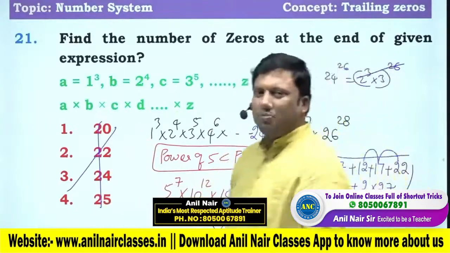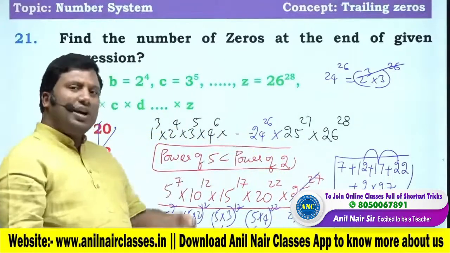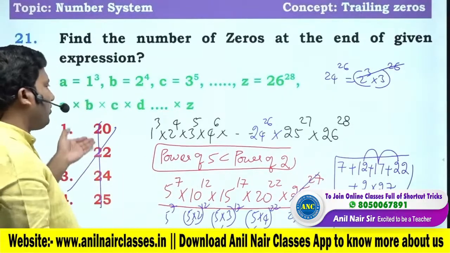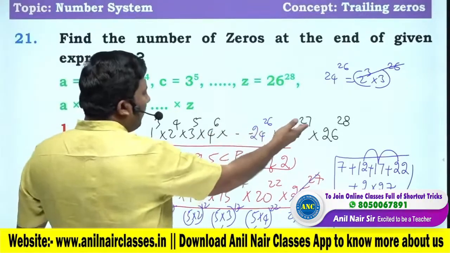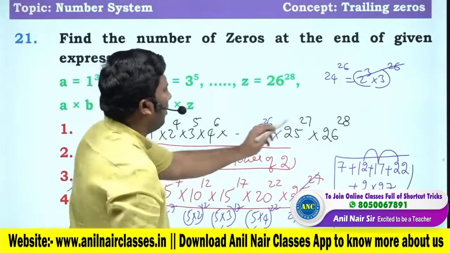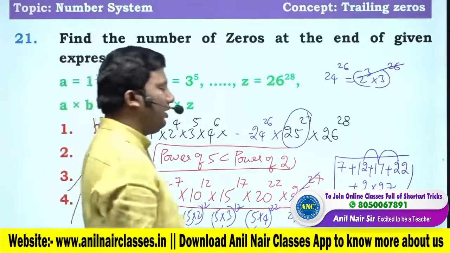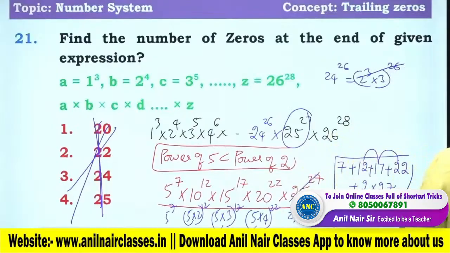I hope the approach is clear. Once you do the approach, if any calculation mistake is there, correct it. See here, 25 power 27 only I am getting 5 power 54. Where is the question of 20, 22, 24, 26? It cannot be. This will be the answer.